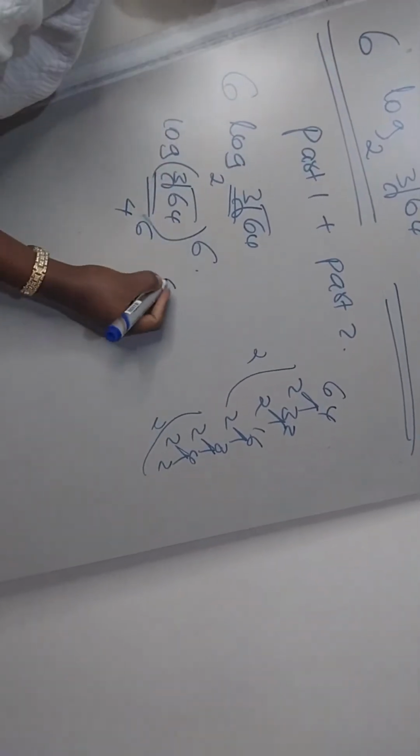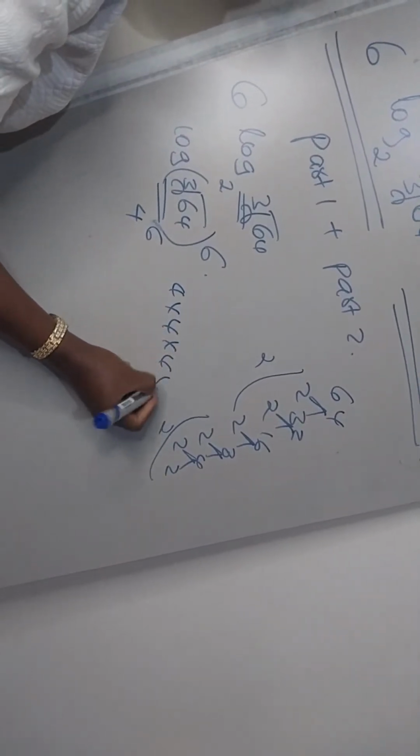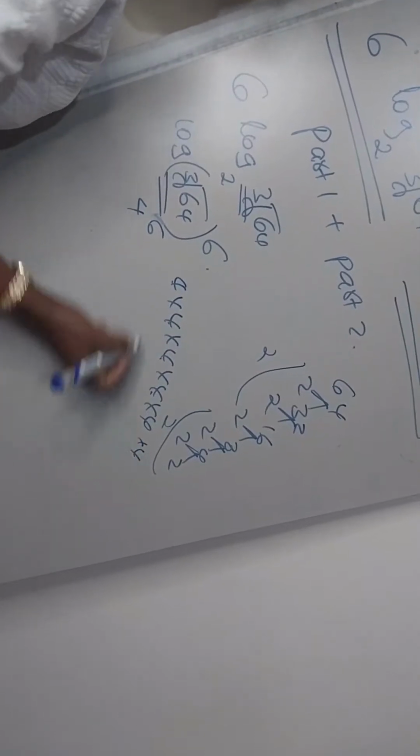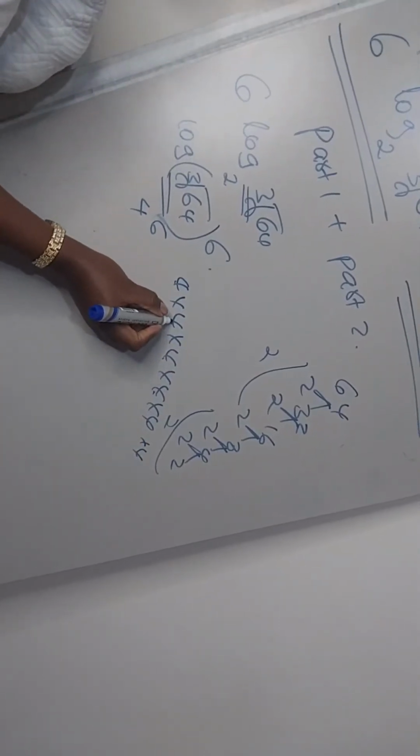Now, what is 4 to power 6? 4 to power 6 means 4 times 4 times 4 times 4 times 4 times 4. 1, 2, 3, 4, 5, 6. 4 times 4 is 16.